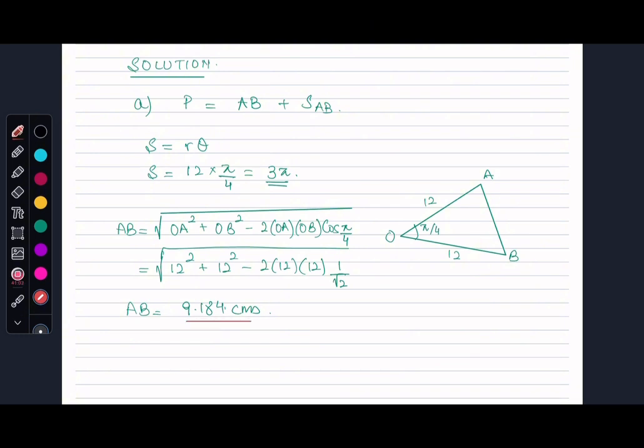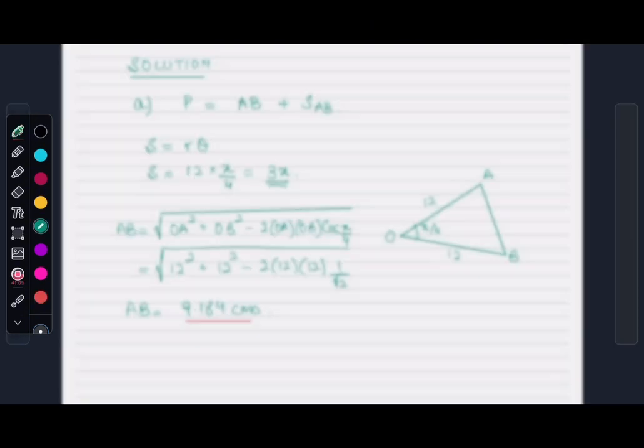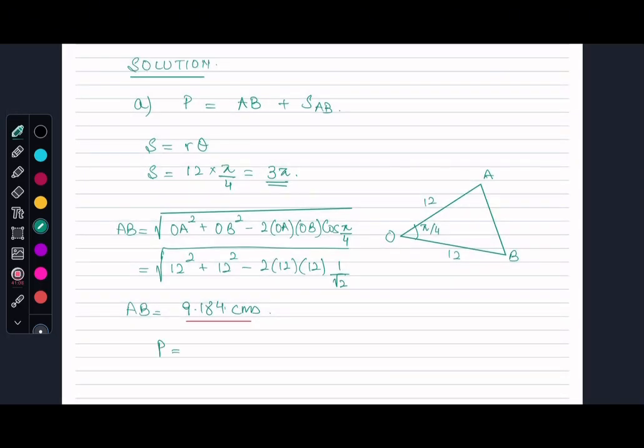So we can now say here that the perimeter is going to be AB, which is 9.184, plus the arc length, which is 3 pi. So plus 3 pi, that will give me the answer as 18.6 centimeters. So the perimeter here comes out to be 18.6 centimeters.